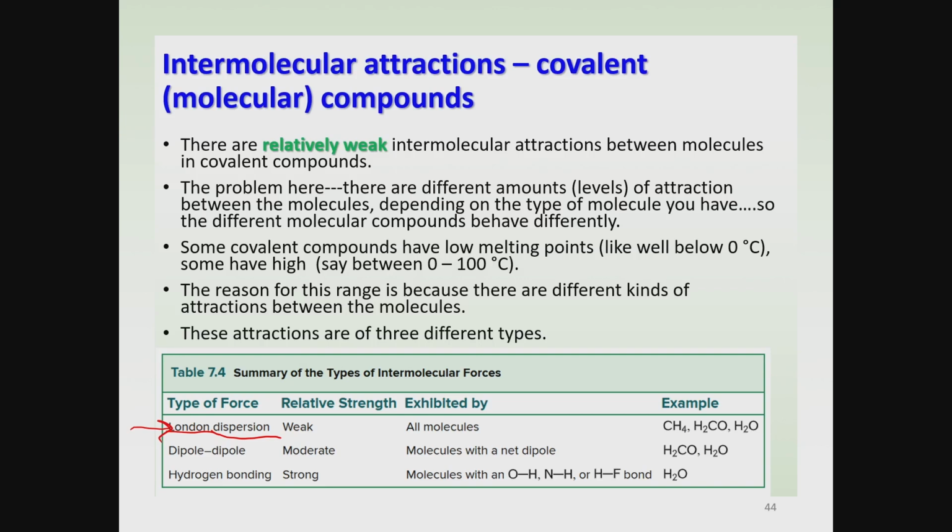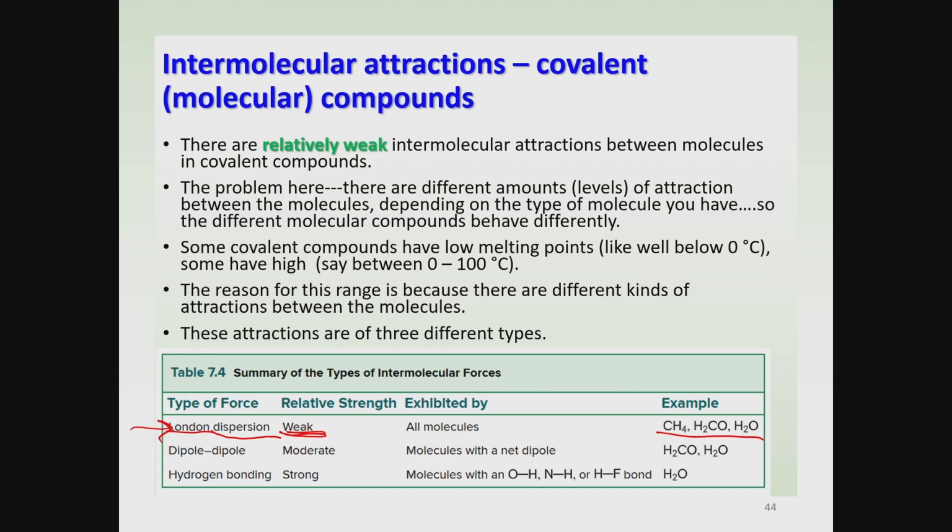One of the things you'll learn is that all molecules have these dispersion forces. However, they are extremely weak forces, and you need very little heat to break them. Here are some examples of molecules that will have these dispersion forces. But again, all molecules that exist have these dispersion forces.